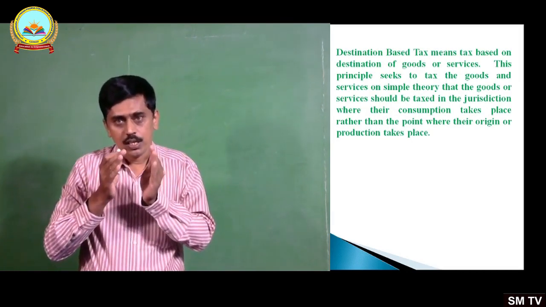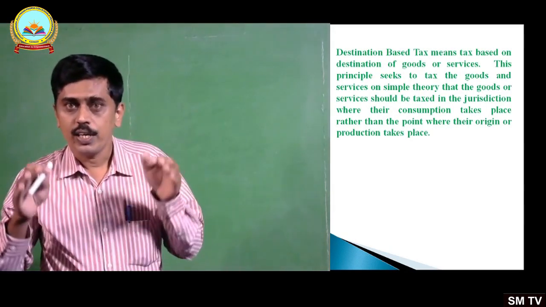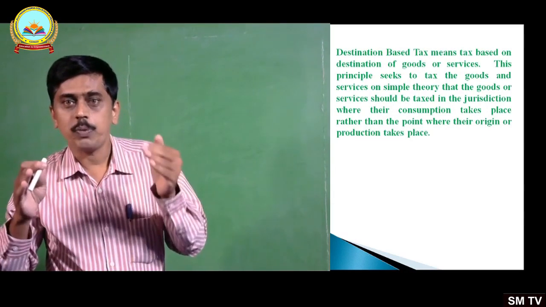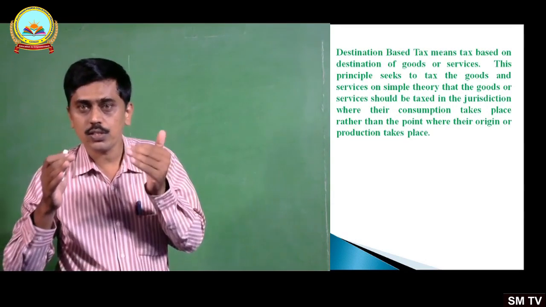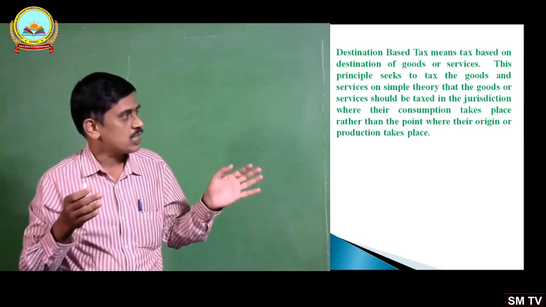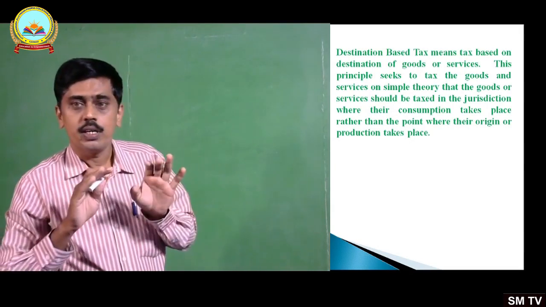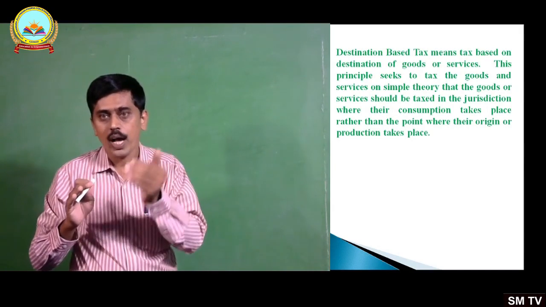It is a principle which says that goods or services should be taxed in the jurisdiction where their consumption takes place rather than where their origin or production takes place.